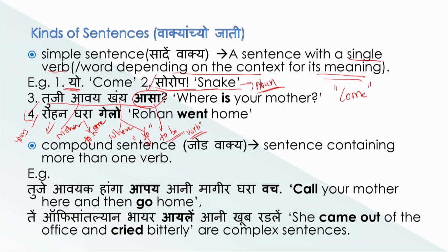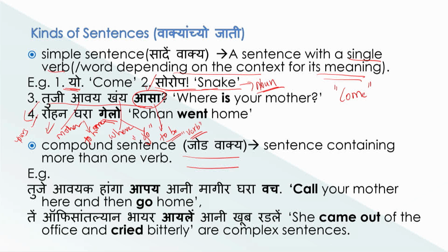This is a simple sentence because it has just one verb, which is gelo, to go. Another kind of sentence is a compound sentence. In Konkani we say zod vakya. It is a sentence which contains more than one verb. So a simple sentence has one verb, whereas a compound sentence has more than one verb.